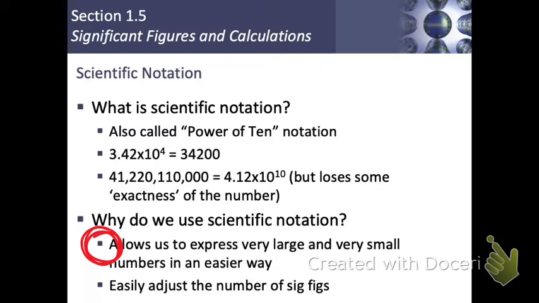If we've got a number like 0.00000000009, that's not that fun for us to write out every single time, so we might write it in scientific notation. You might also hear it called power of 10 notation, only because we literally put them into powers of 10. I usually just stick with scientific notation, but it's the same thing.